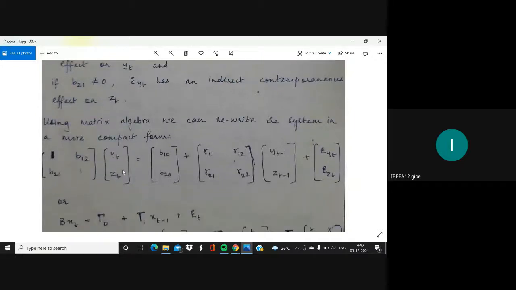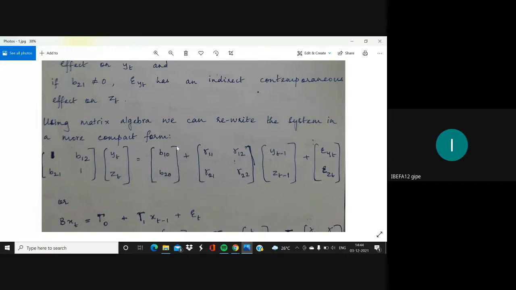Once you shift the terms, you're able to create this coefficient matrix, and you're able to shift yt and zt, which are the endogenous variables in our model, only to the left hand side.